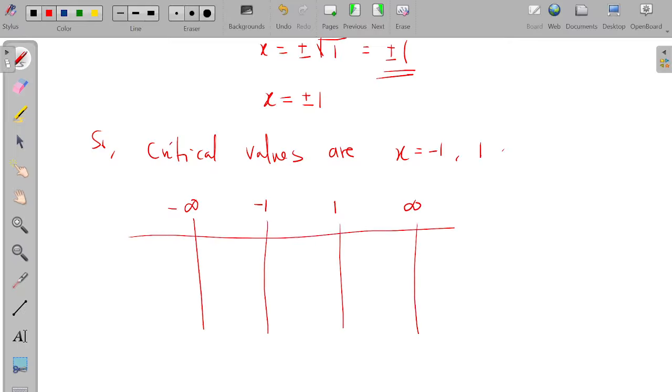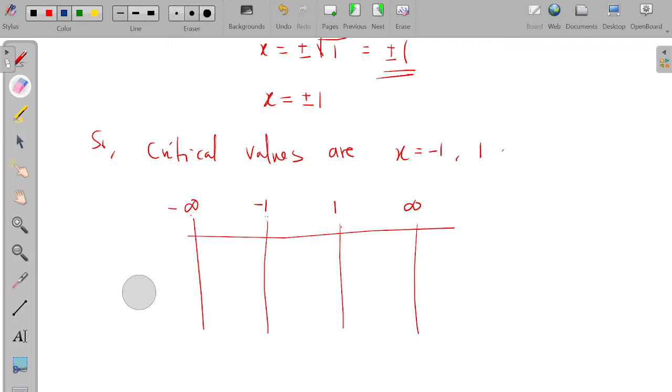Those are the values. So we want to test our derivative there and see which one will give us positive or which one will give us negative.